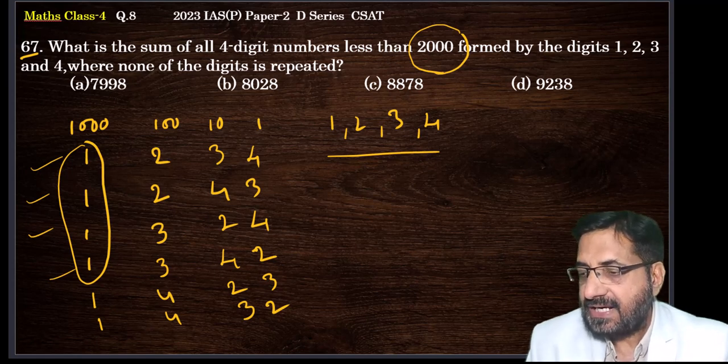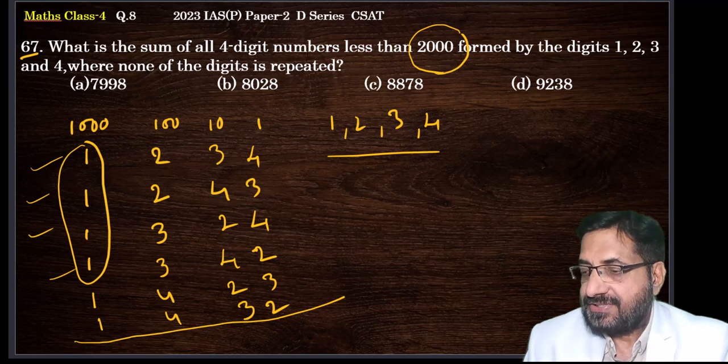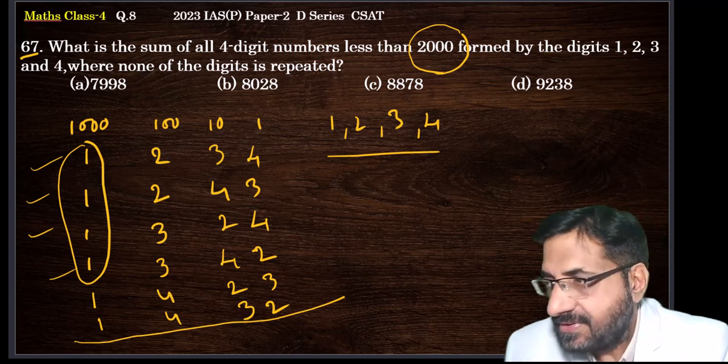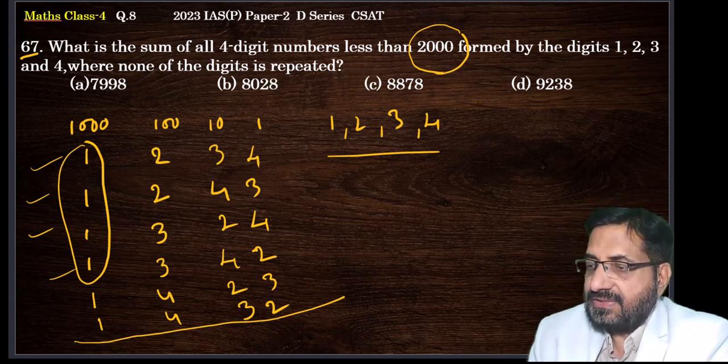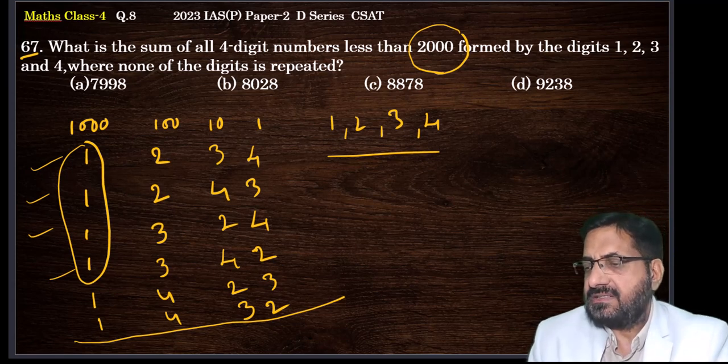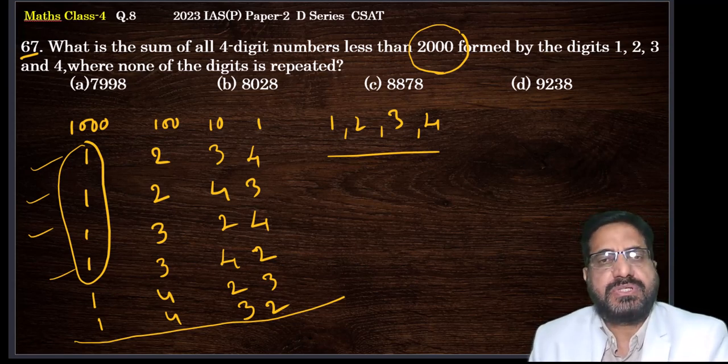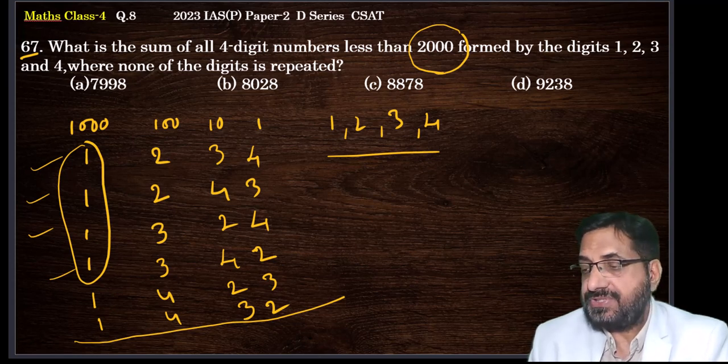Then you have to add all these numbers, as they have asked for the sum. You can just add the digits column by column: 4, 3, 7 plus 4 is 11 plus 2 is 13 plus 3 is 16 plus 2 is 18.